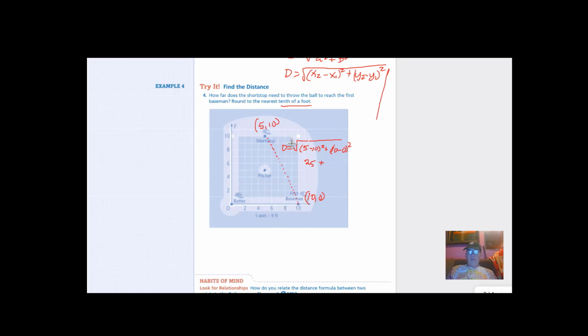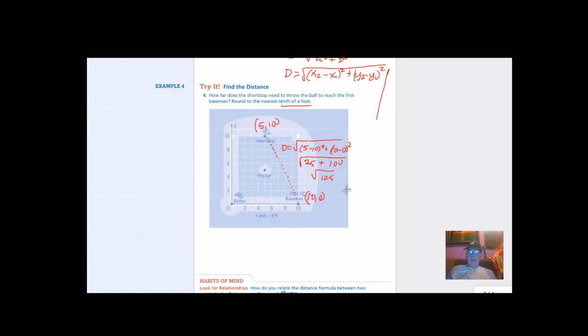Looking at the difference of the y's squared, we have 10 take away 0 squared, which is 100. So the distance for the shortstop to throw from where he got the ball to first base is going to be the square root of 125.